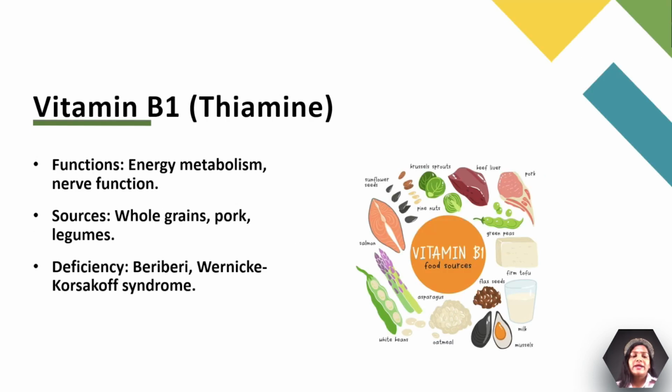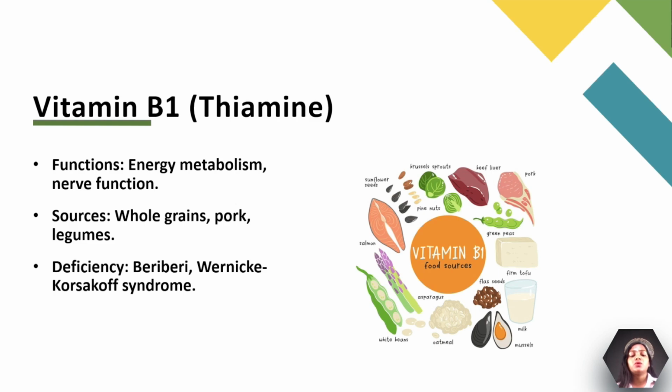So the first vitamin, also known as thiamine, that is vitamin B1, majorly supports energy metabolism and also plays a very great role in nerve functions. Sources are mainly whole grains, pork and legumes. Deficiencies can lead to Wernicke-Korsakoff syndrome.